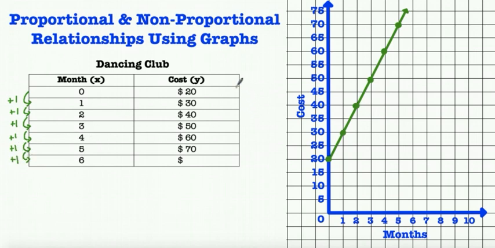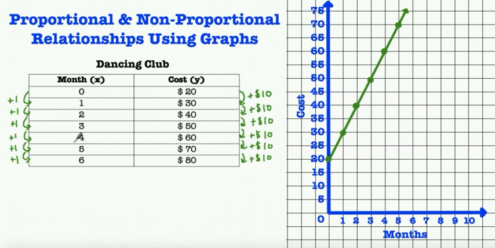And our y here from 20 to 30 to 40 to 50 is increasing by $10. And so if we continue on the same pattern, we'll see that at 6 months it will cost $80.